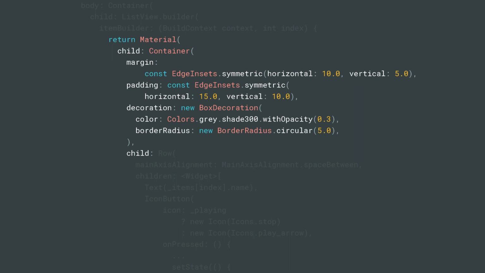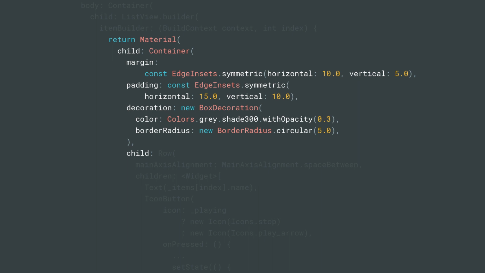my row, that we'll see later, with a widget that provides a margin, a widget that provides a padding, and a widget that provides a decoration. And this is the pattern in Flutter. As I said before, it's difficult the first time, but next you get used to it.